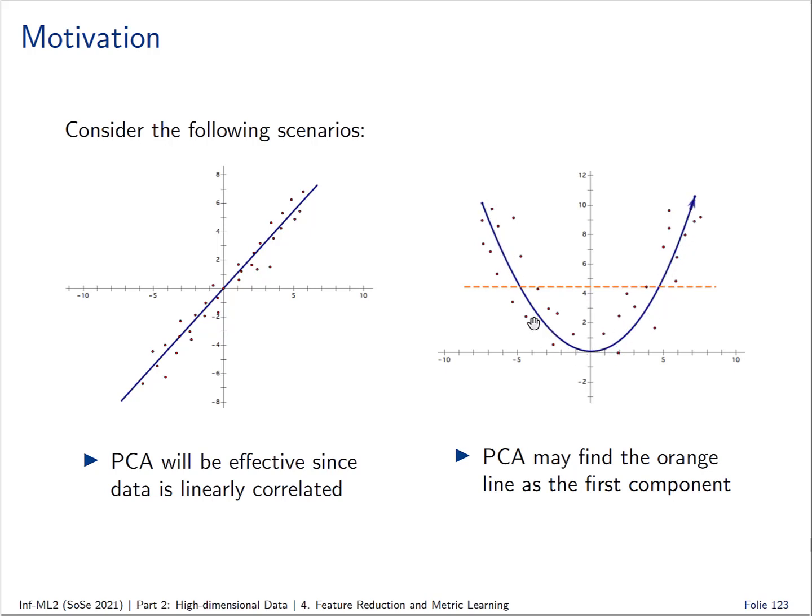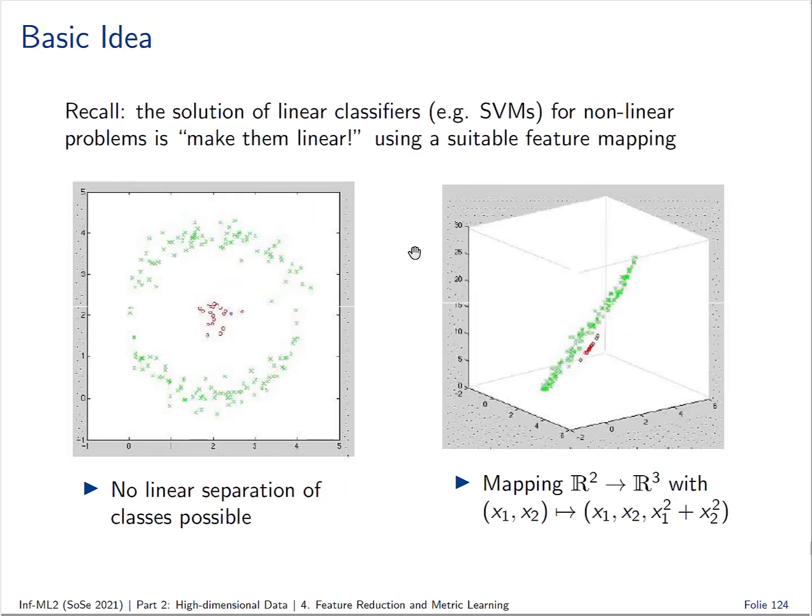We can only find these linear models, and that is obviously a quadratic relationship in that case, so we cannot find non-linear models. The solution comes from linear classifiers, for example support vector machines, where we have to make non-linear problems linear by using suitable feature mappings, especially by blowing up the feature space.